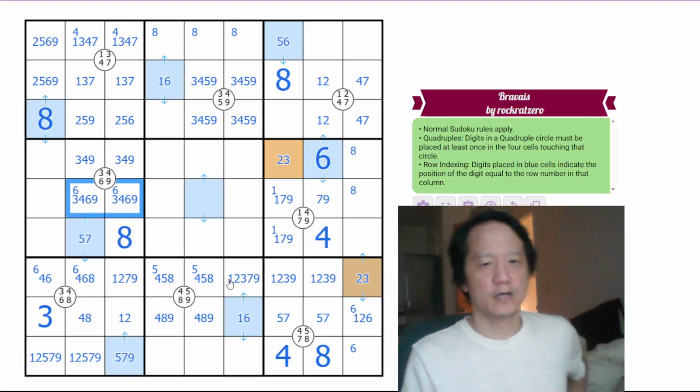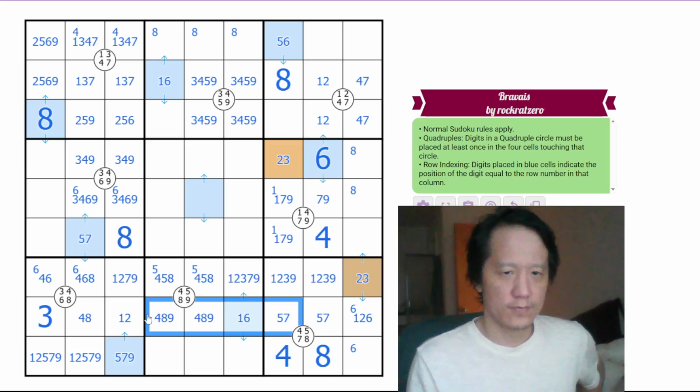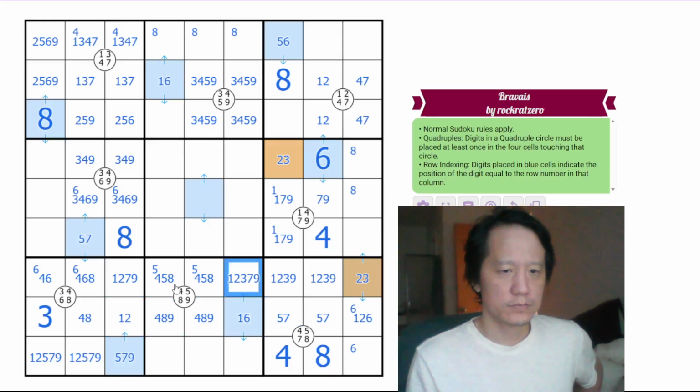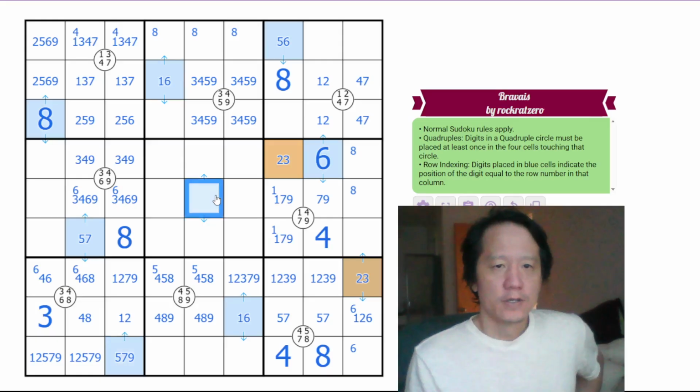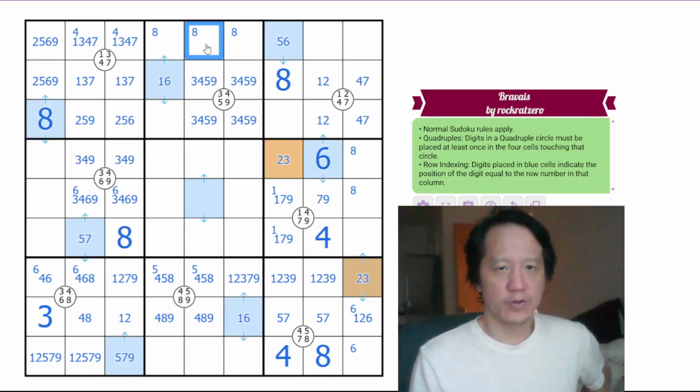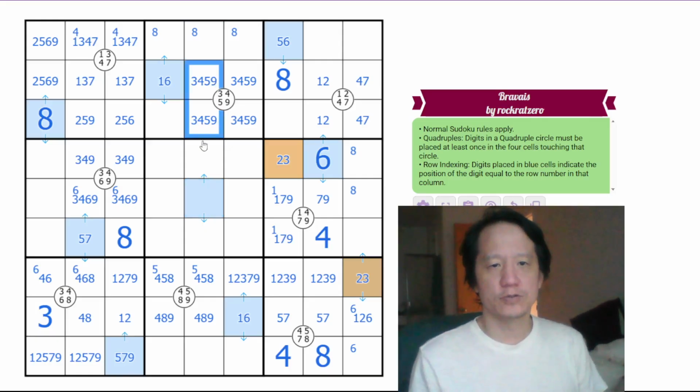What else do we have? Okay. This digit's saying where 5 has to be. It cannot be in 1. It could be 2, 3.